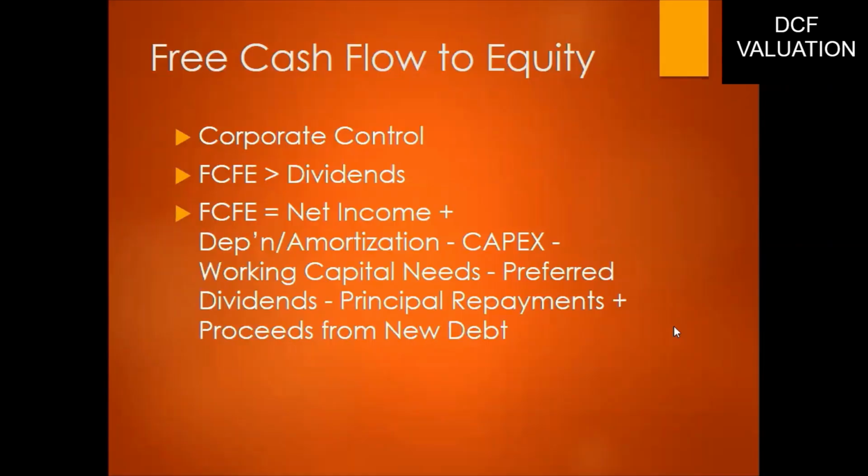Because present management may be declaring, issuing, and paying a very, very high dividend, or they may be using a very high dividend payout because they fear that they would eventually be eased out of the firm. So they're getting their returns already by getting higher dividends. So in that case, you cannot rely on dividends, use free cash flow to equity.